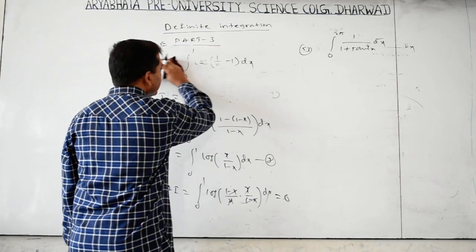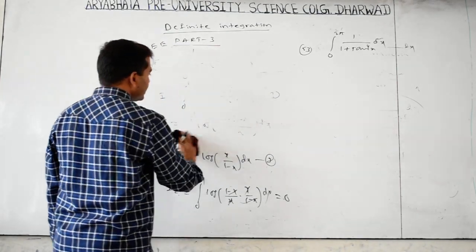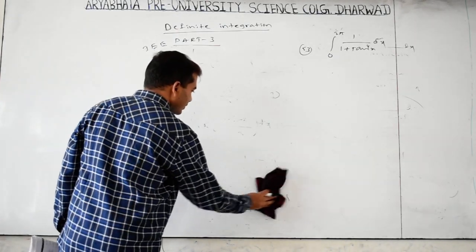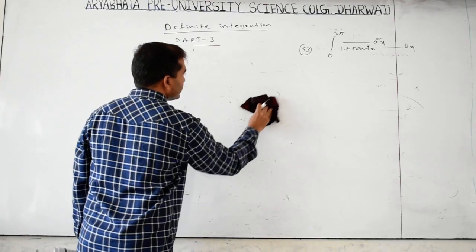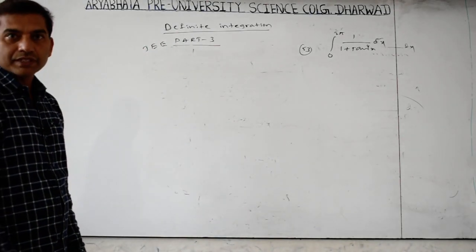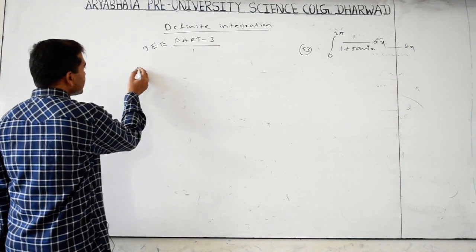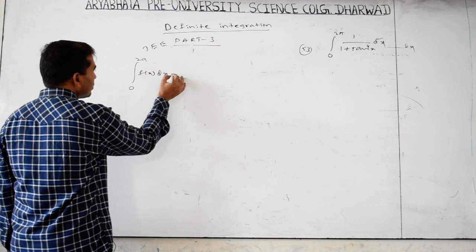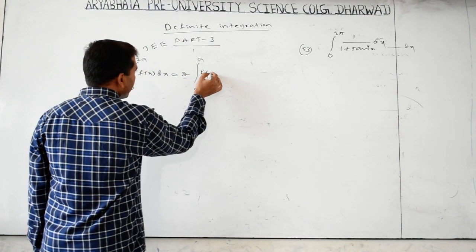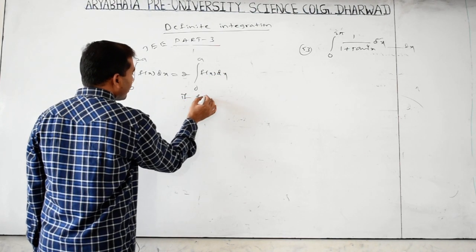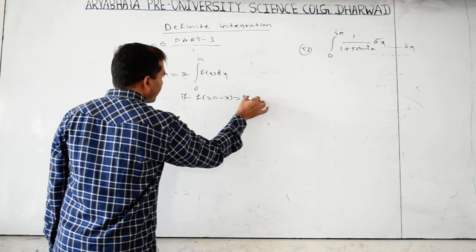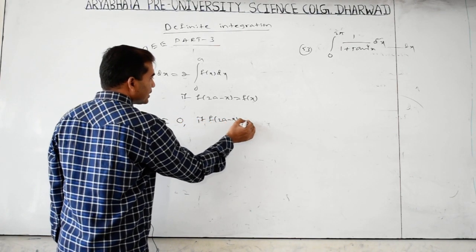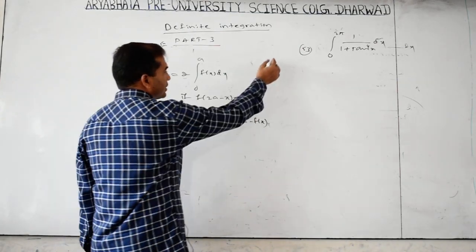It is in the form of integral from 0 to 2a of f of x dx. Let me discuss the property: integral 0 to 2a f of x dx equals 2 into integral 0 to a f of x dx if f of 2a minus x equals f of x, which is equal to 0 if f of 2a minus x equals minus f of x.